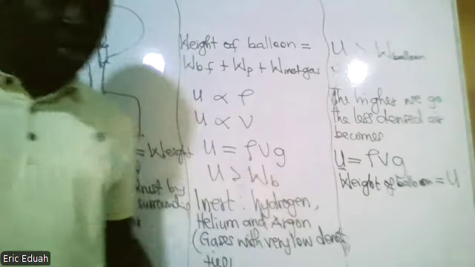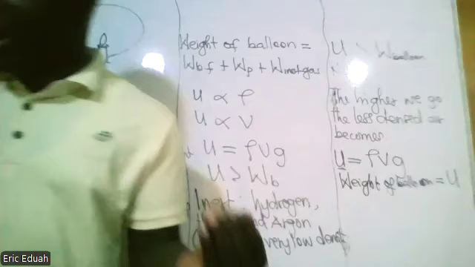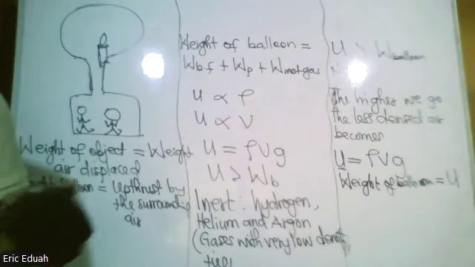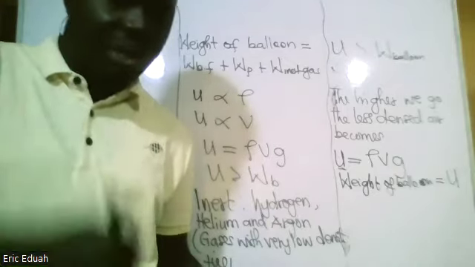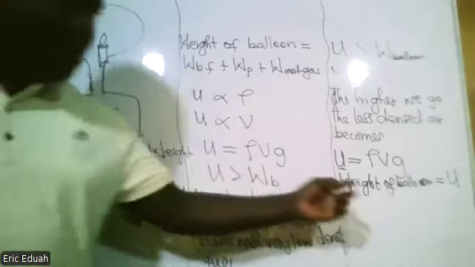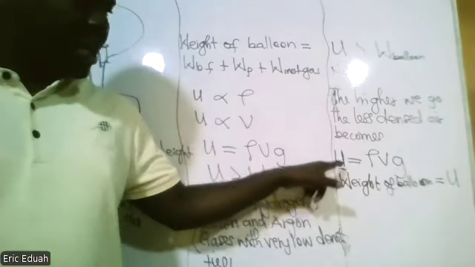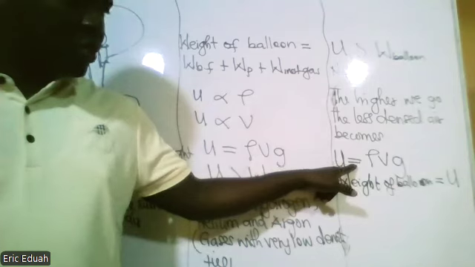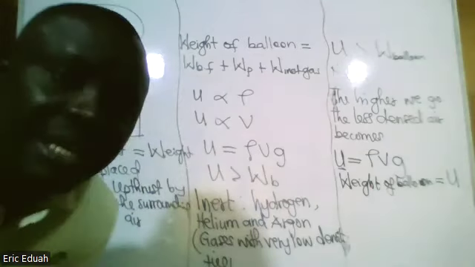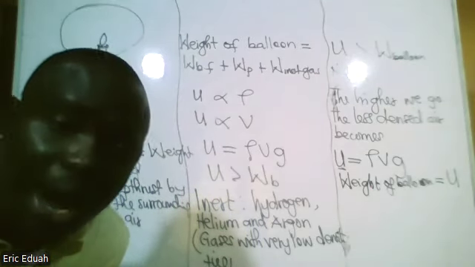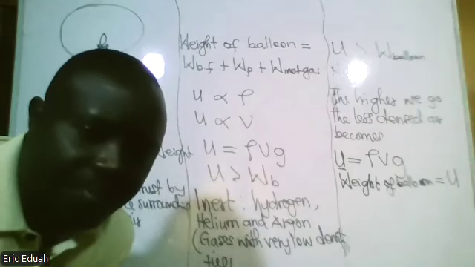Now, because as we go up the density of air decreases, upthrust will be reducing gradually. There will be a point where, because rho is decreasing, U will just be equal to the entire weight of the balloon. At that point, the balloon ceases to go up vertically, but floats horizontally in the air.